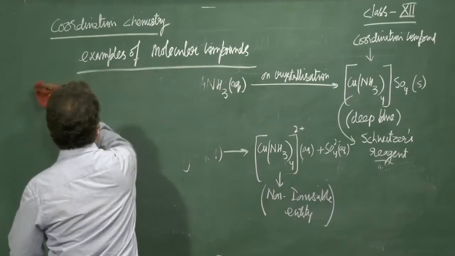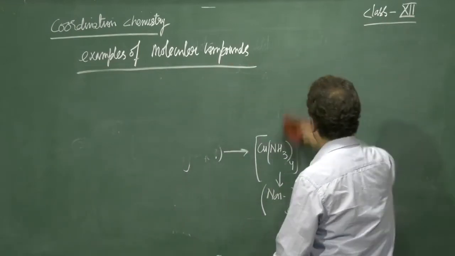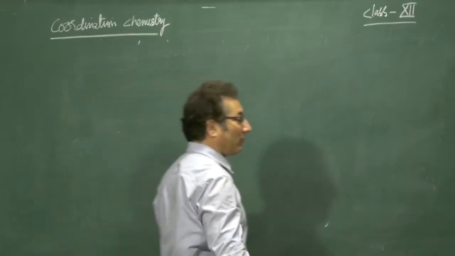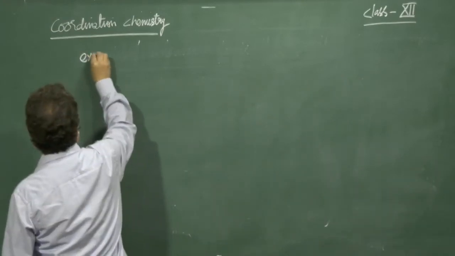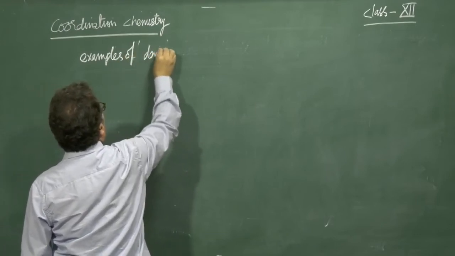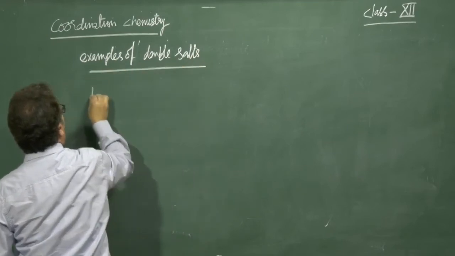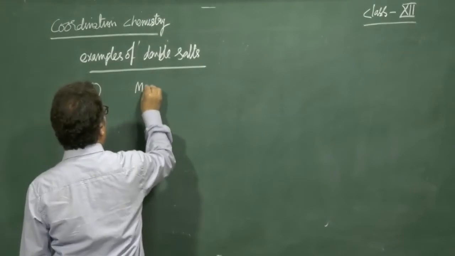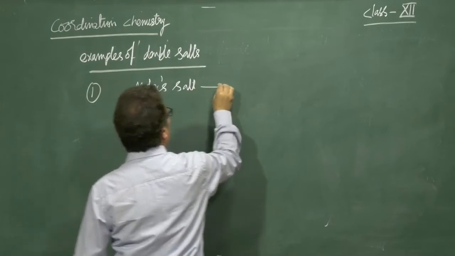Okay, so this is the basic difference between the two types of molecular compounds, which are called double salts and coordination compounds. I have more examples of double salts. One of them is commercially called Mohr salt. What is the composition of this?